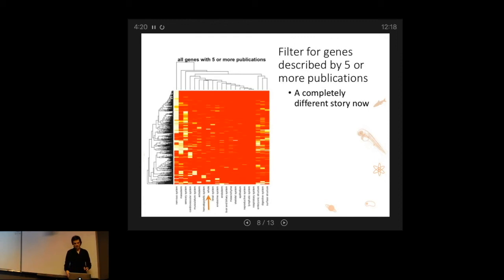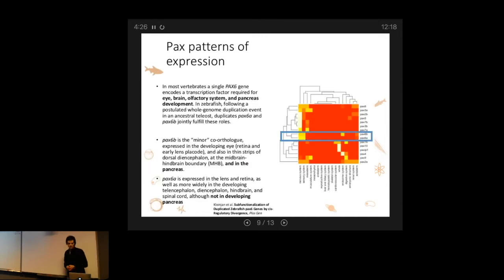And this is now showing about 2,000 genes, and it's really hard to summarize anything. But if you check, for example, all the PAX genes in ZFIN's dataset, you can see this example of duplicated PAX6 genes, where PAX6B, one of the copies, shows expression in the endocrine system or pancreas, while the other one shows lower expression.